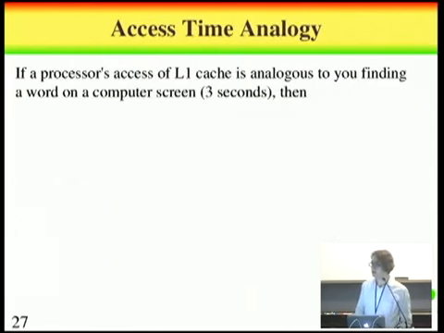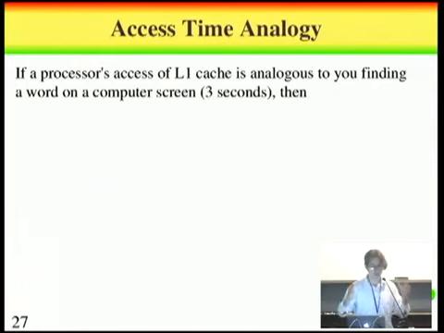Okay, so if it's really about making everything faster, it's worth taking a little jaunt in terms of an access time analogy, in terms of how long it takes to get data from one part of your computer to another. If we just look at our processor and our L1 cache to begin with, this is similar to finding a word that you know is on your computer screen, maybe about 3 seconds.